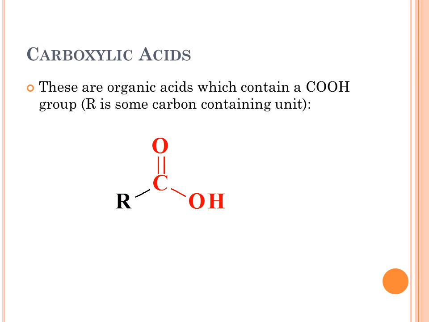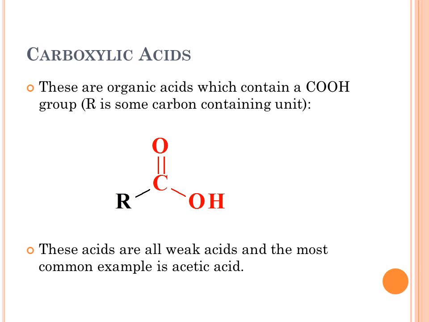Any hydrogens that are present in that R group are not ionizable and won't contribute to the acidity. Our friend acetic acid that we talked about a little bit earlier is certainly a carboxylic acid, and while you see it sometimes written with a COOH in the formula, it's indicating that carboxylic acid group.